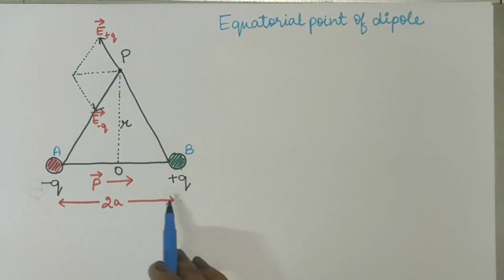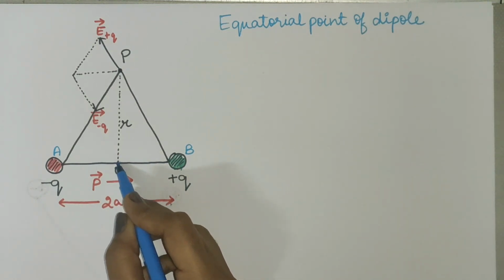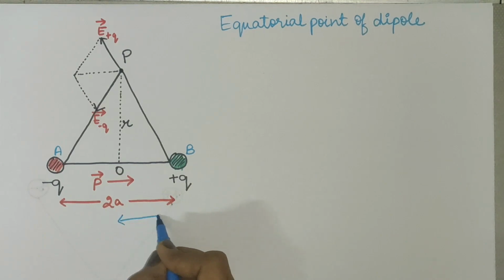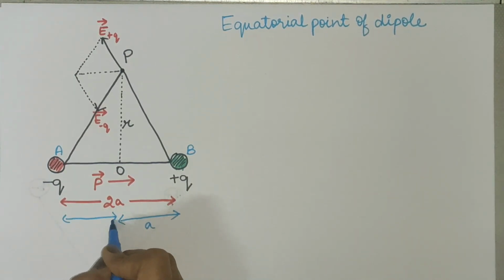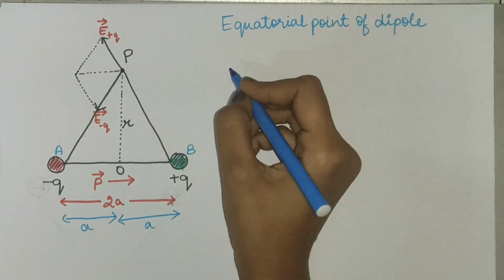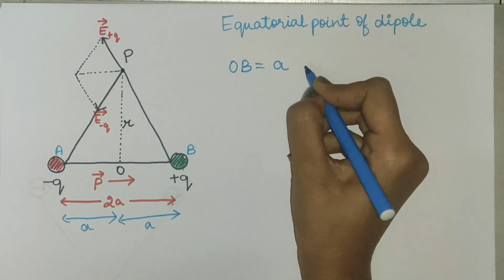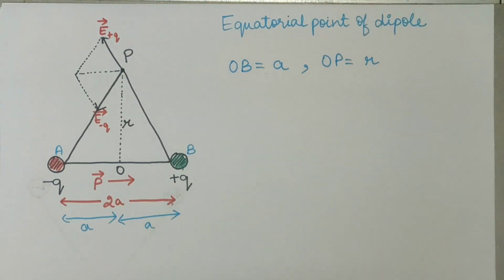Now since my dipole is of length 2a, my distance AO will be equal to OB, equal to a each, half of the length of the dipole. So I get OB is equal to a, OP is equal to r.